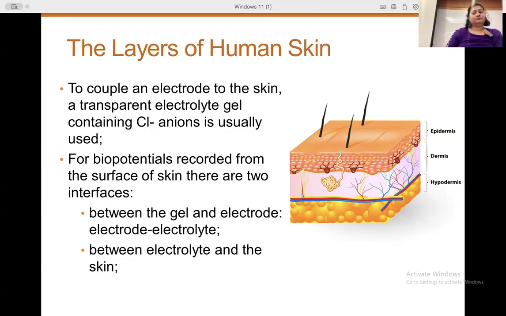The dermis is the second layer, that pink layer you see there. It holds a lot of glands and nerves and also has capillaries. Then the hypodermis is the deepest layer, and it's mainly composed of fat. It anchors the skin to the muscles and bones and acts as a shock absorber for protection. Okay.